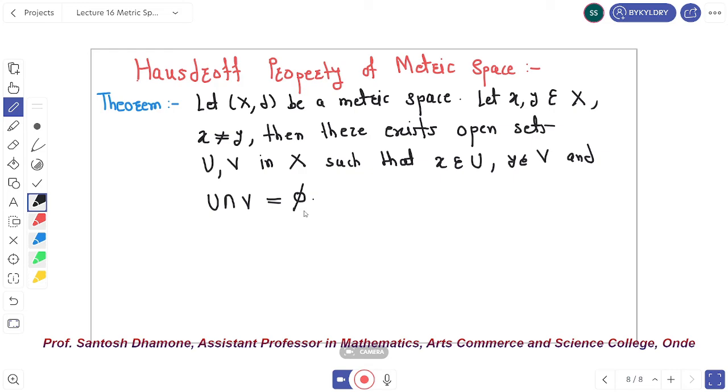Let capital U be the open ball about x with radius r by 3, and V be equal to the open ball about y with radius r by 3.